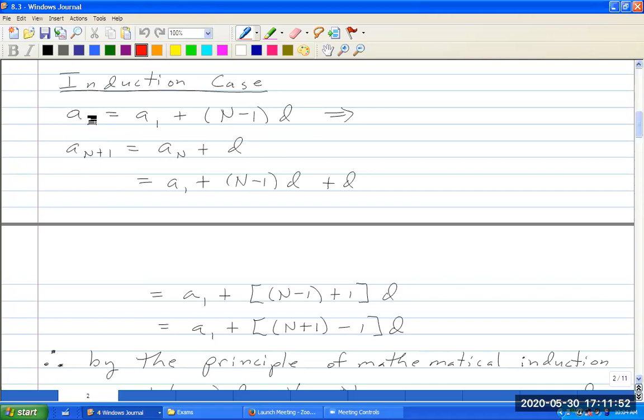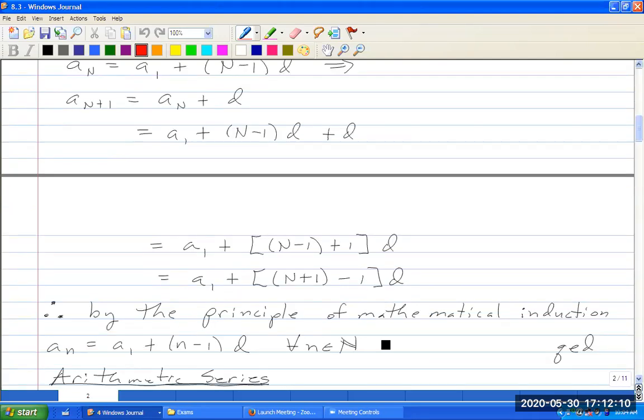So just replace this n by n plus 1, this n by n plus 1. Then these formulas are the same. Therefore, I've shown that the induction case works. Therefore, by the principle of mathematical induction, I have that a sub n is equal to a sub 1 plus n minus 1 times d for all natural numbers n.